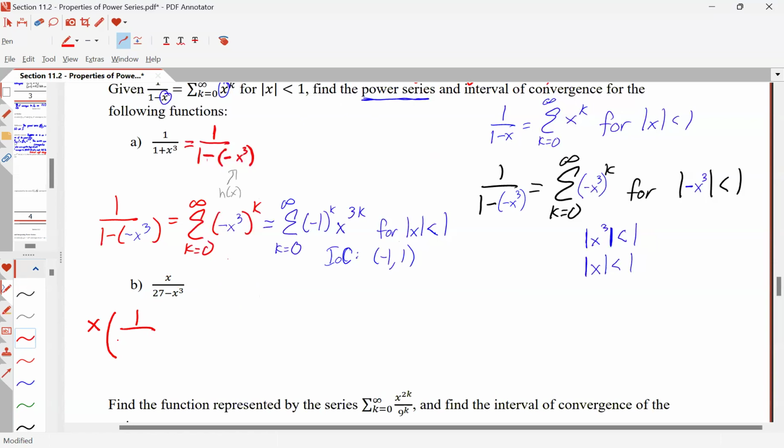So I have x times 1 over 27 minus x cubed. Next thing, I want to get the 27 out of this position in the denominator. So I'm going to factor 27 out. So I have x over 27, times 1 over 1 minus, factoring 27 out of that x cubed, I get x cubed over 27.